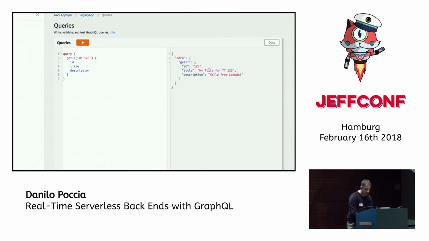And now I get the fake title that was generated by the Lambda function with a description, hello from Lambda. And I can change this with another TT, like 321. And since this is just a fake function, it will just change the title dynamically because it was computed.